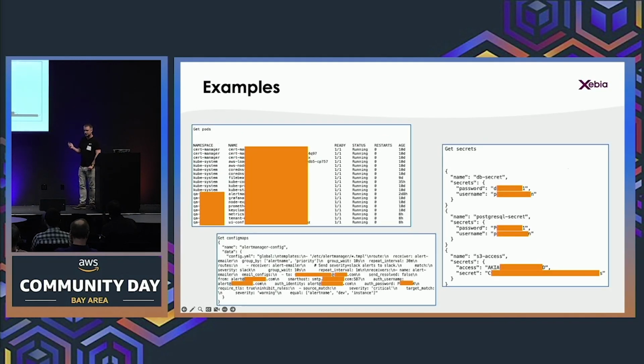My tool shows me reports like that: the list of pods with namespaces, config maps, so the contents of configuration files, already with some credentials in there, and decoded secrets. As you can see, some database credentials and an S3 access key and secret key, but as you know, I'm not looking for data, I'm looking for full access.